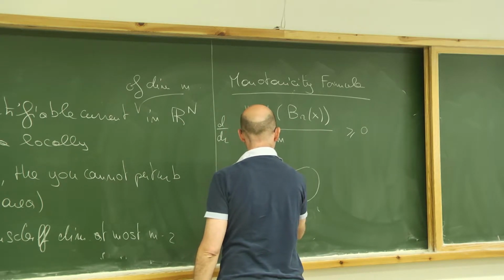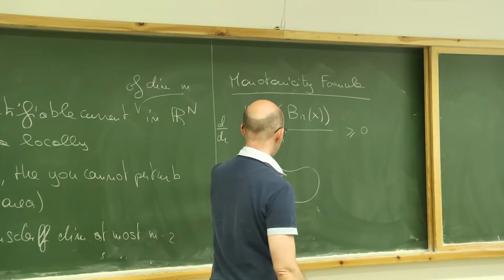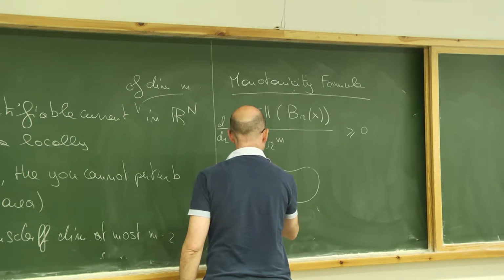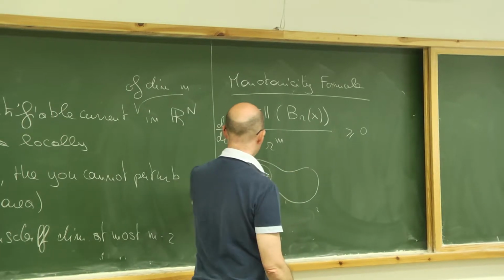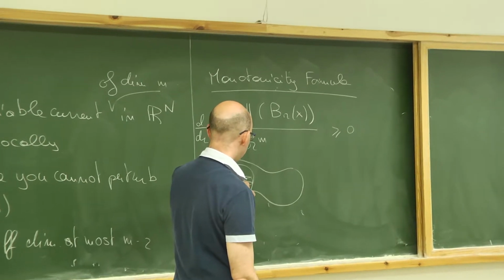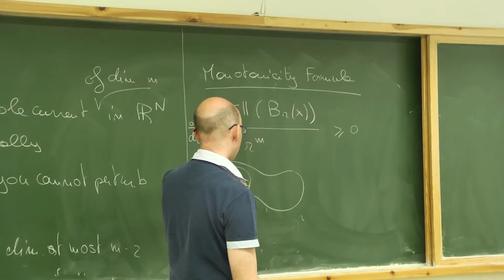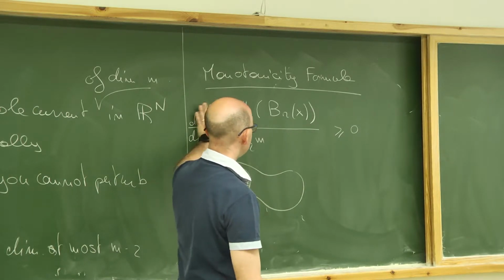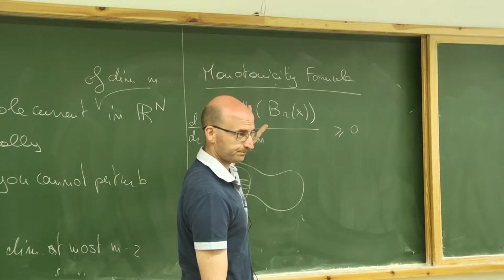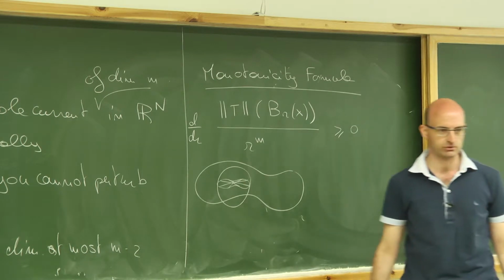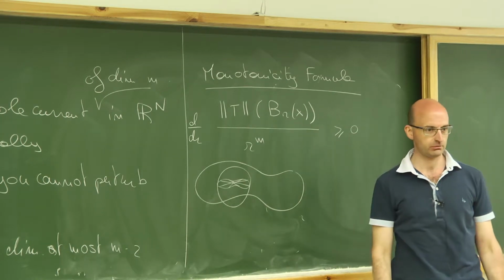Take your ball, intersect your surface with the ball, and replace the surface in the ball with the cone which has the same boundary, with base the intersection of the sphere with the surface and the central point as vertex. Then you get a certain inequality, which implies that this ratio is monotone. Here m is the dimension of the surface.